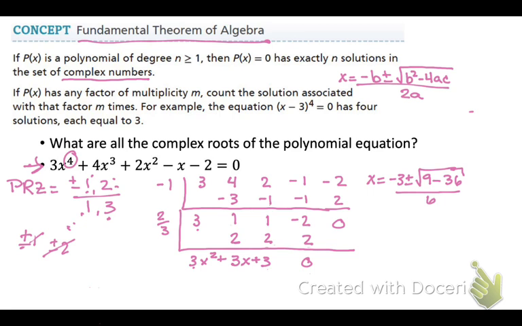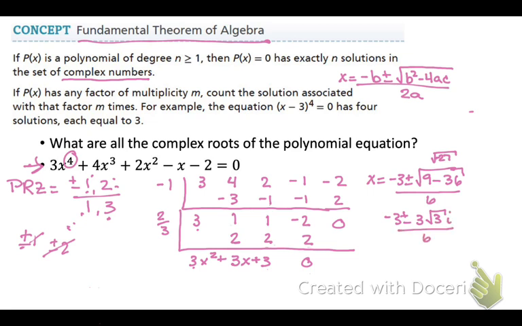So this is going to be -27. Minus 3. So -3 plus or minus 3, the square root of 3i over 6.